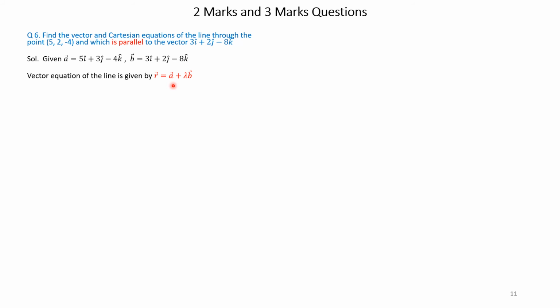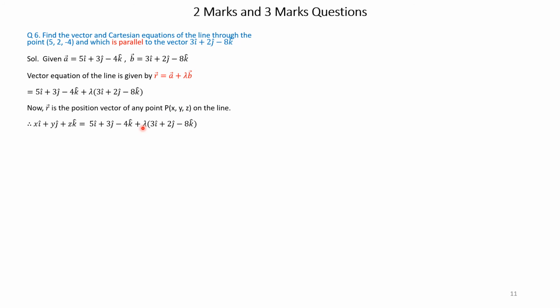Therefore, we know r is equal to a plus λb. Therefore, r = 5i plus 2j minus 4k plus λ times (3i plus 2j minus 8k). Now, the vector r is the position vector of any point (x, y, z) on the line.